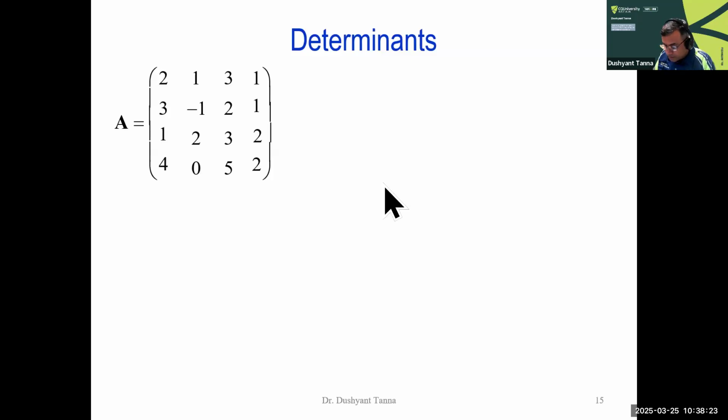Okay. So let's go, first of all, with the definition. The determinant D will be, as per the definition, Ai1 Ci1, Ai2 Ci2, Ai3 Ci3, Ai4 Ci4.